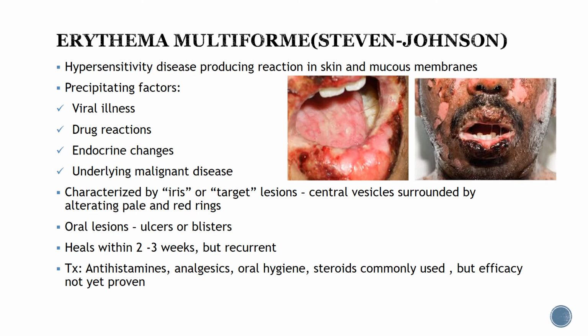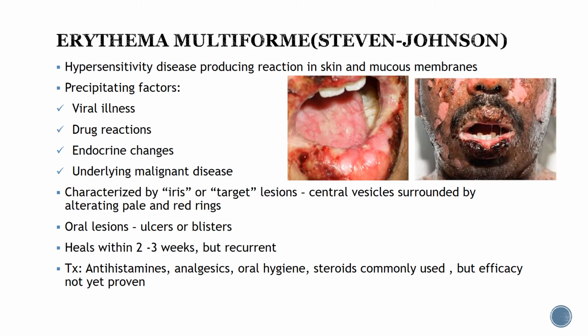Erythema multiforme, or Stevens-Johnson syndrome, is a hypersensitivity disease that produces a reaction in the skin and the mucous membranes. The precipitating factors are viral illness, drug reactions, endocrine changes, and underlying malignant disease. This is characterized by iris or target lesions, which have a central vesicle surrounded by alternating pale and red rings.